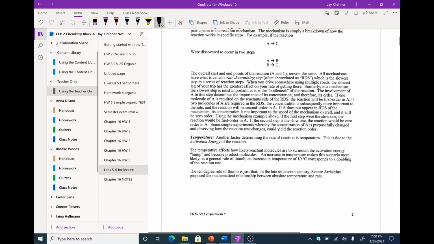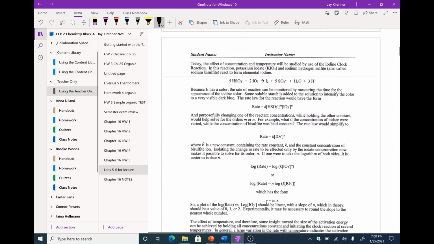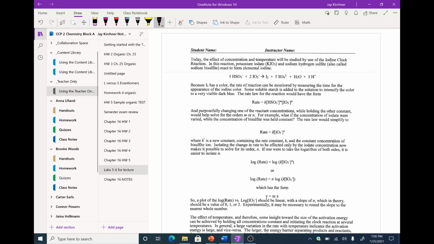And the reaction we're doing, there's a lot of theory in this one that they go through, is this reaction right here. Just so you know what it is, it's not on a test or anything. Basically, it's called the iodine clock reaction. You add hydrogen sulfite plus iodate. Iodate is IO3 minus.